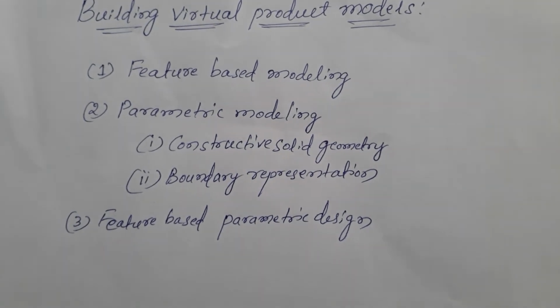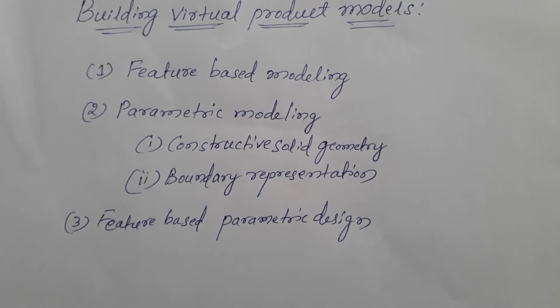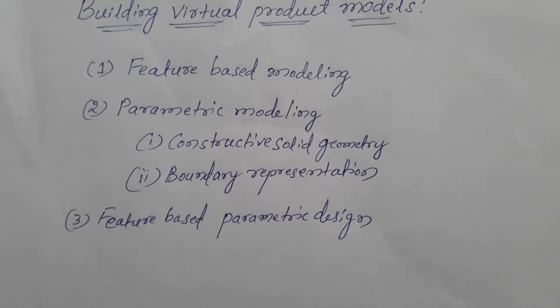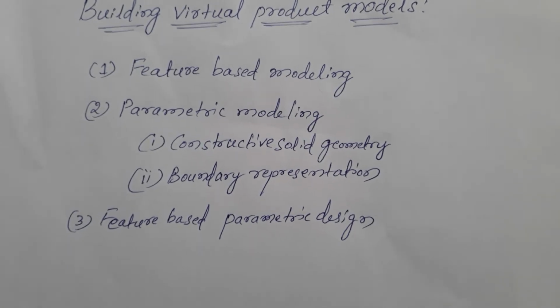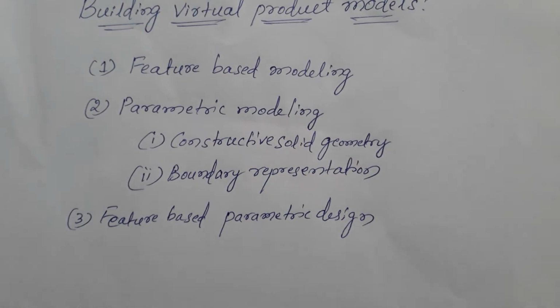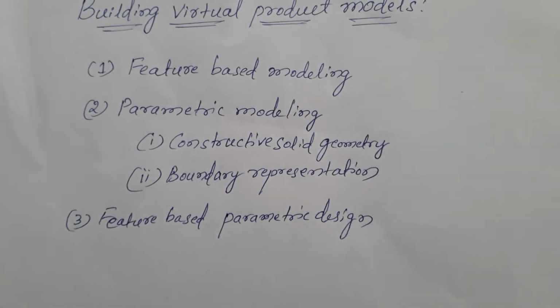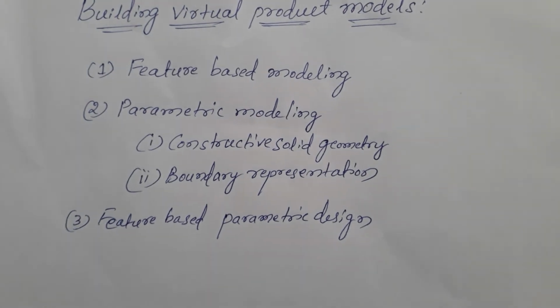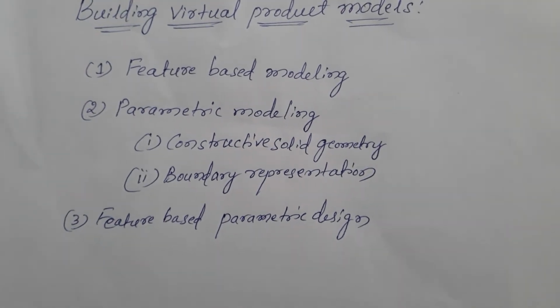That is the desired location, we have to mention it. Then you create a hole by subtracting from the cube part. By subtracting that, you create a hole in the cube. So this is called feature based modeling.